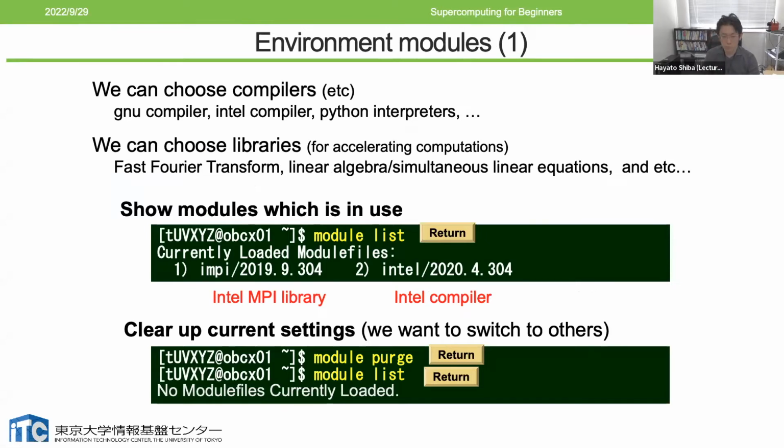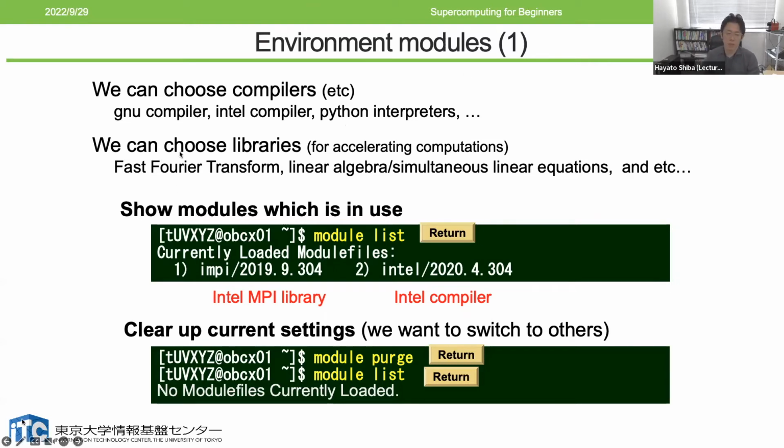First thing first, the thing to confirm is what kind of compiler you need. On the Oakbridge CX system, you have the choice of, for example, the GNU compiler or the Intel compiler, which is optimal for compilation on Intel CPUs. If you are using Python, we do not need compilers, we just need Python interpreters.